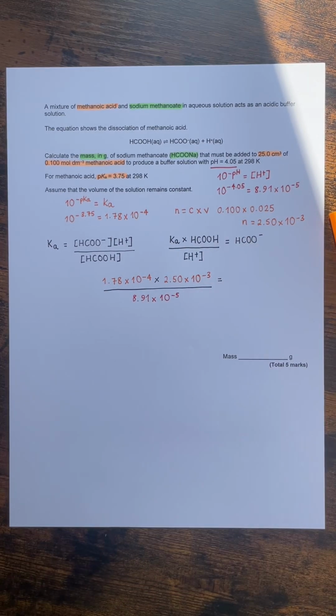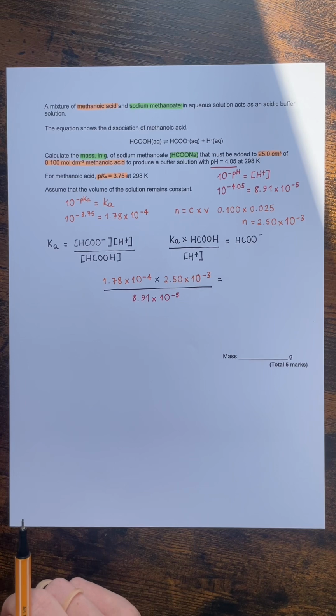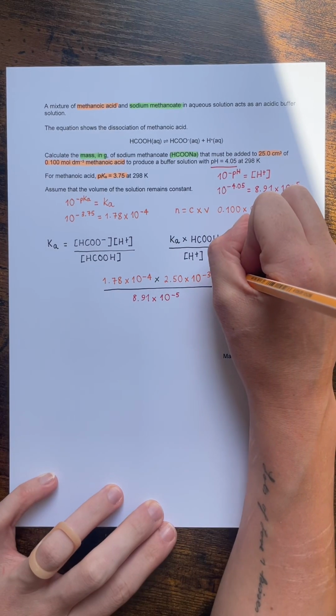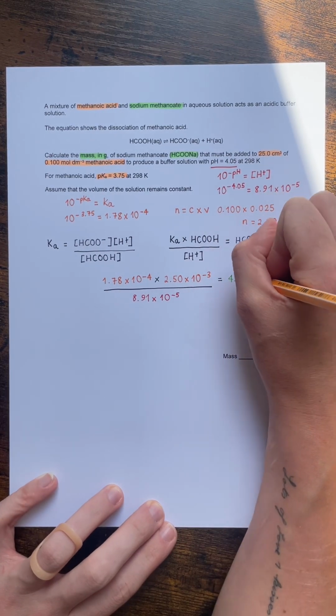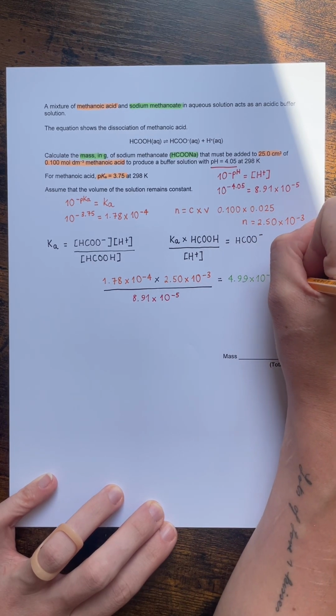That gives me, for the moles of the salt, let me just find it on my calculator, that gives me 4.99 times 10 to the minus 3. And that will be moles because I did the weak acid in moles.